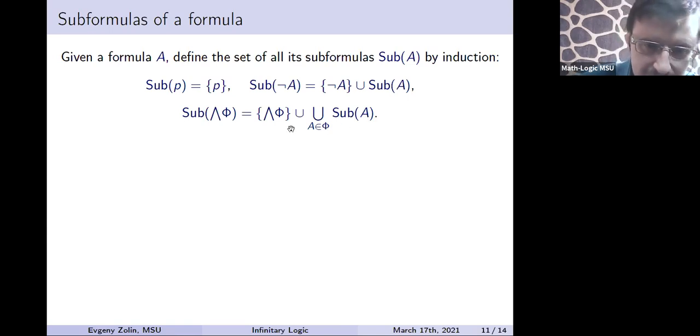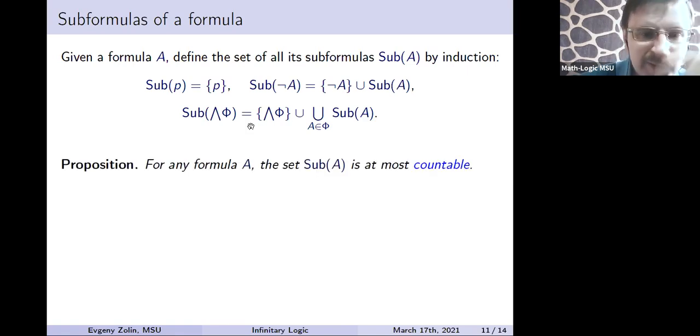So by induction on the construction of formula A, we can easily prove that this set is countable. So we start with countable, even finite sets. Here we obtain only one formula, and here we obtain countable sets.